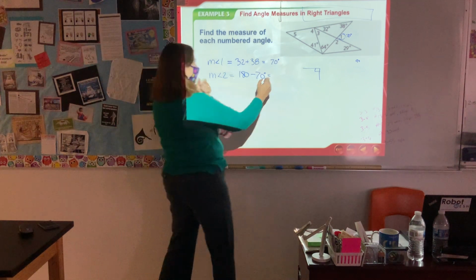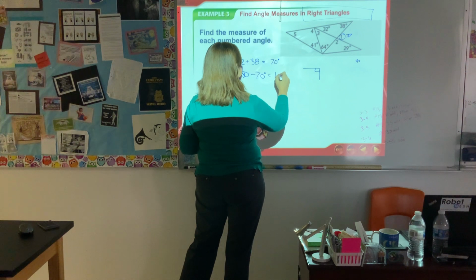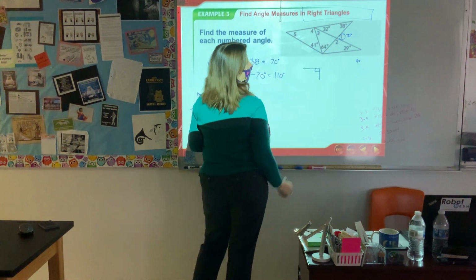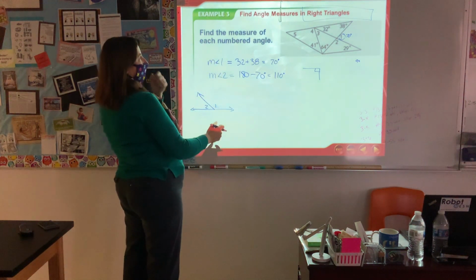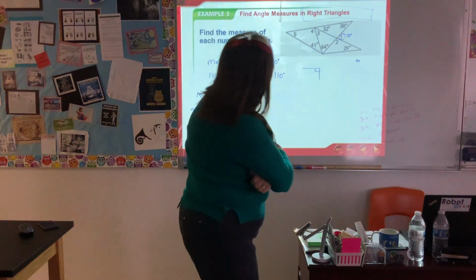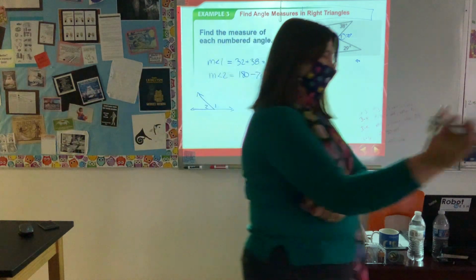And I'm left with what? 110. Kind of makes sense because that looks like an obtuse angle right there. Well, no, it really doesn't though. Angle 2 looks obtuse. Maybe you need to shift over, Nathan.